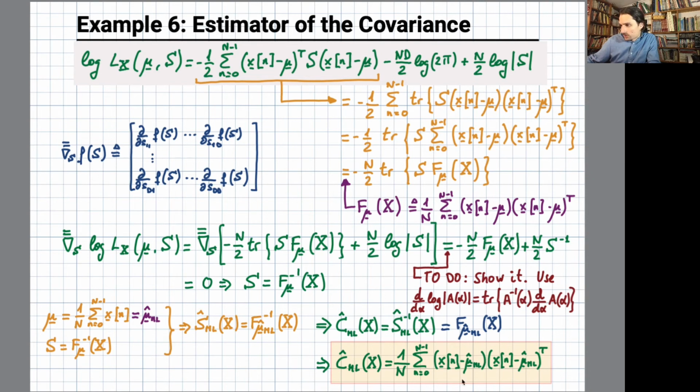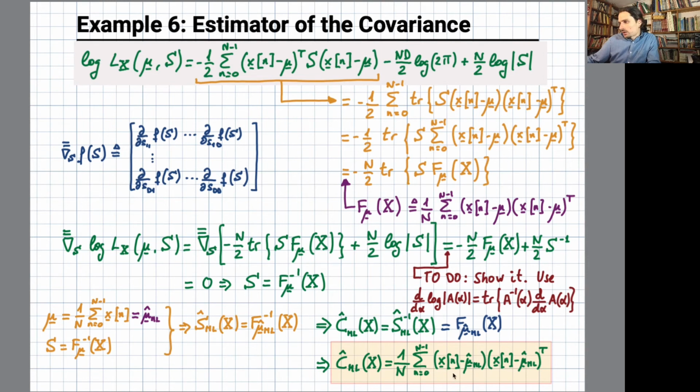That will give us a matrix. And the same interpretation as before applies. Here we have the ML estimator of the mean, but if we knew the mean, then we just plug in the mean itself as in the scalar case, right?